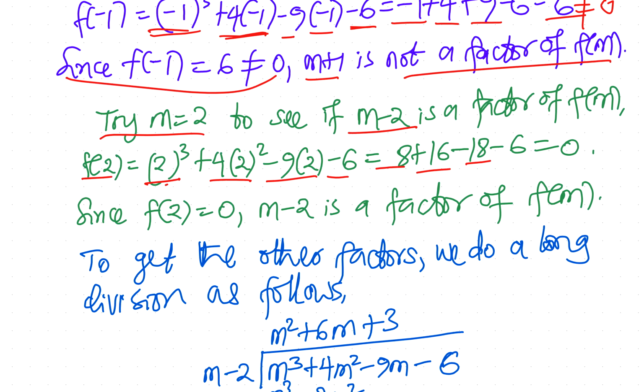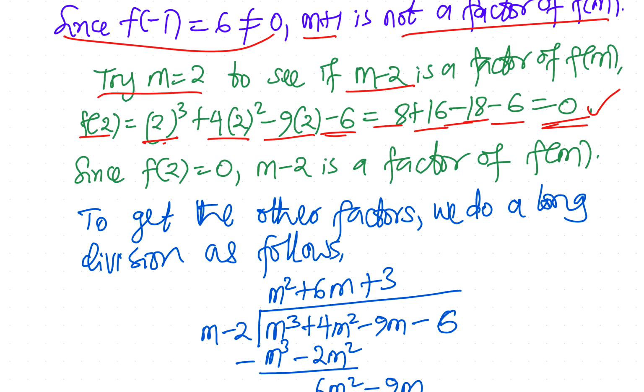So 8 plus 16 is 24, 24 minus 18 is 6, 6 minus 6 is 0. Yay, finally we found a factor. Since f of 2 is 0, m minus 2 is a factor of f of m. So we have found one of the factors of that expression.